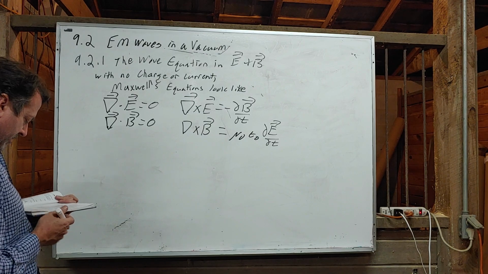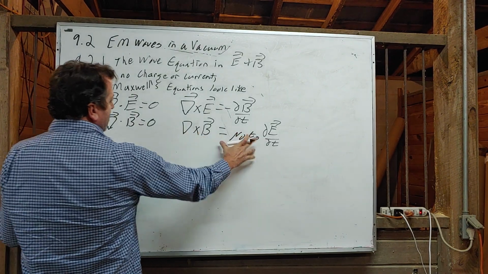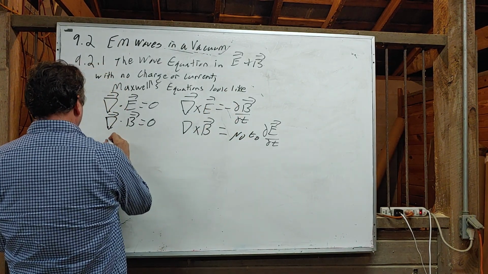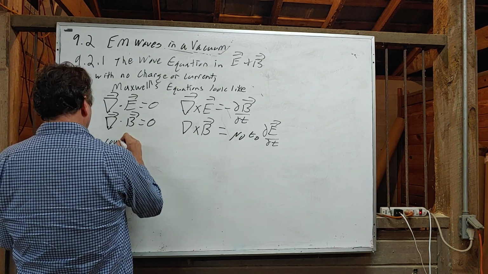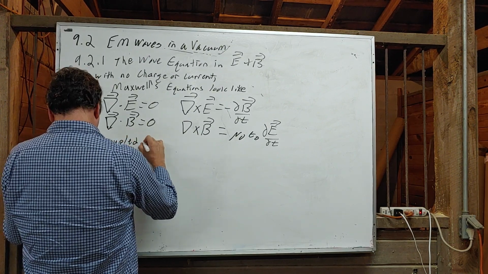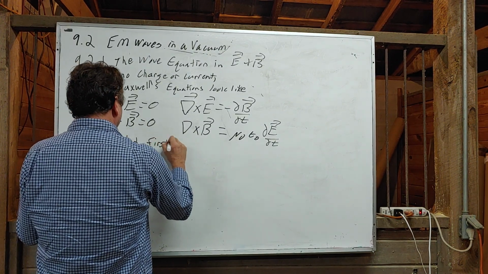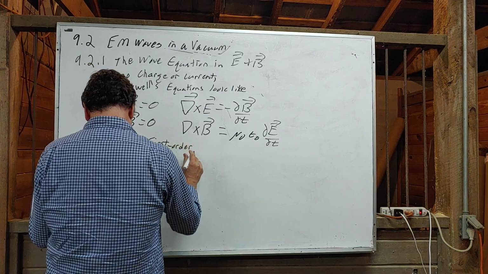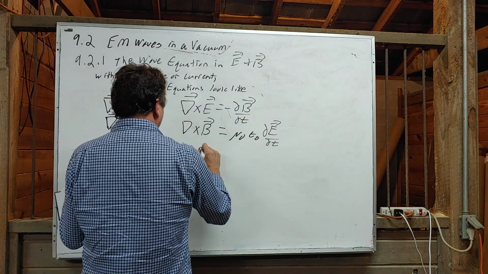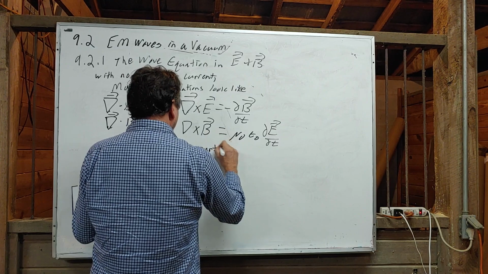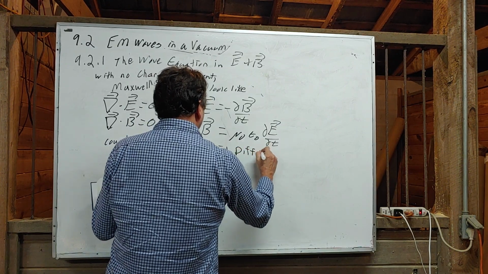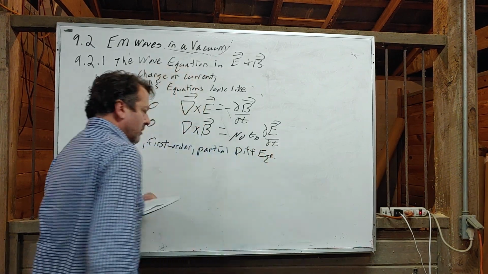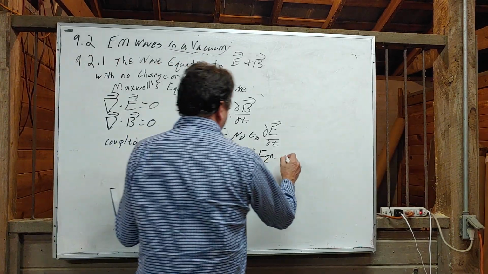Okay. Now these equations are together; they equal each other. So these are coupled first order, which tends to be easier to solve. But there's partials here. They're partial differential equations. Now some would say, oh no, that's bad.